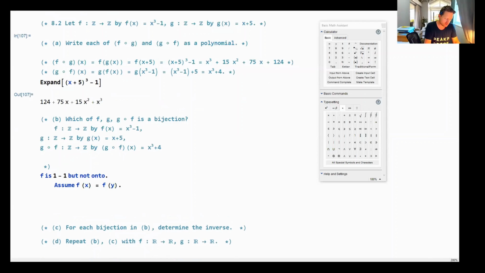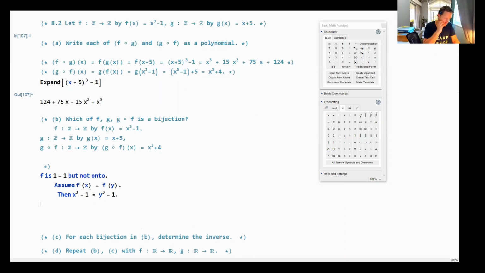Okay, then what we have is that x cubed minus 1 is equal to y cubed minus 1. Okay, now let's simplify that. So what we have then is that x cubed is equal to y cubed because we can add 1 to both sides. But the way we want to express this is x cubed minus y cubed is 0.